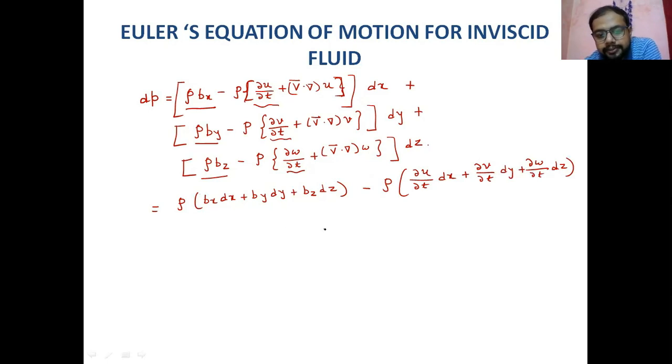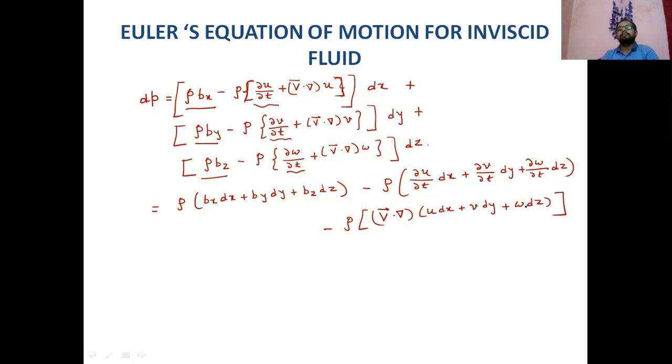And the third part, minus rho V dot del, which is common for all, times u dx plus v dy plus w dz. So in the dp equation, after putting these values, three terms have come here.